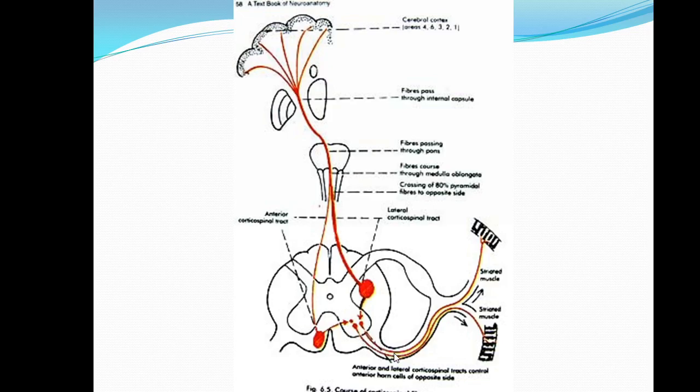They pass in the anterior root with the spinal nerve, then are distributed to the periphery. The corticonuclear fibers are relayed in the brain stem and pass in the cranial nerves.